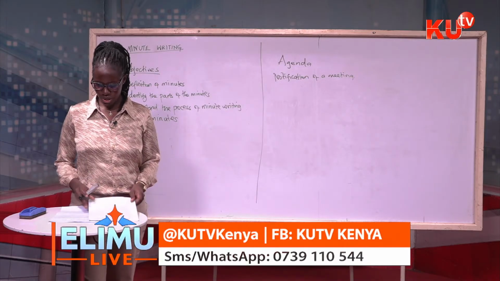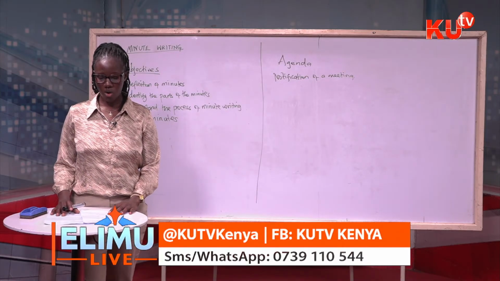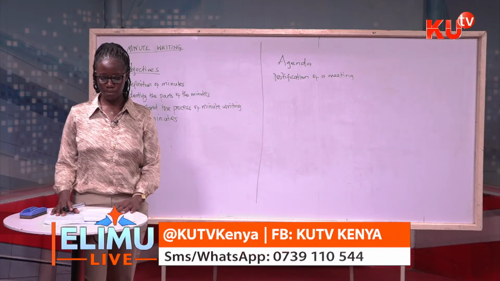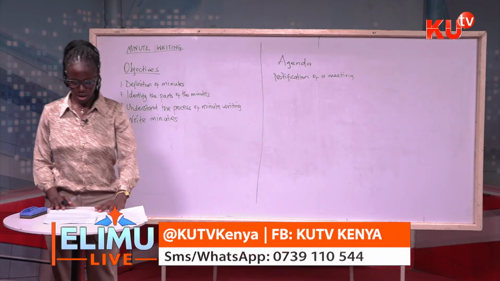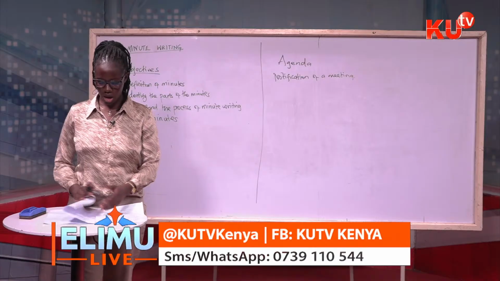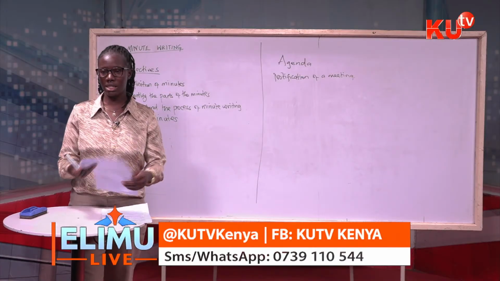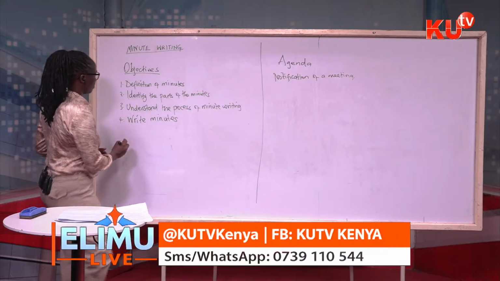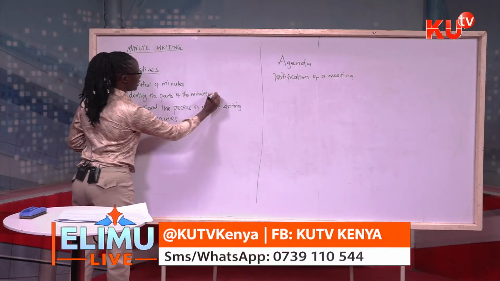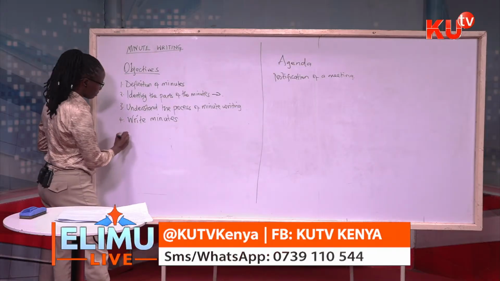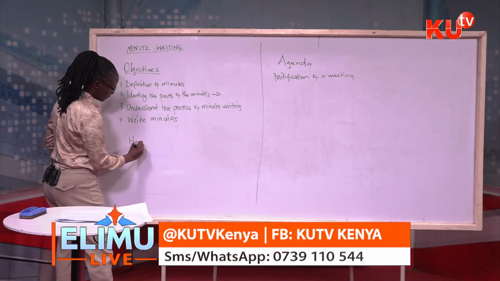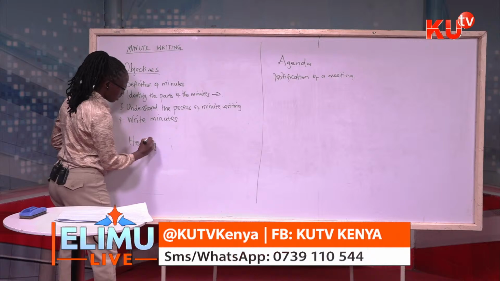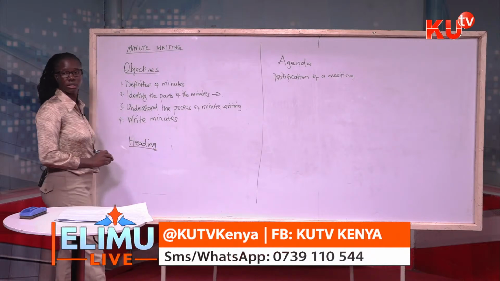So up to that point, let's look at the title of minutes. Under the title of minutes, this is what a student is expected to do. This is identifying the parts of minutes. Number one, we will look at the heading or the title.